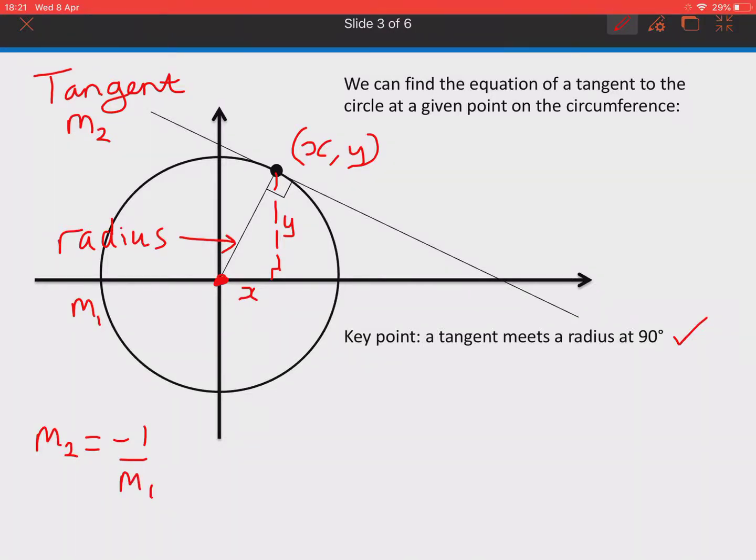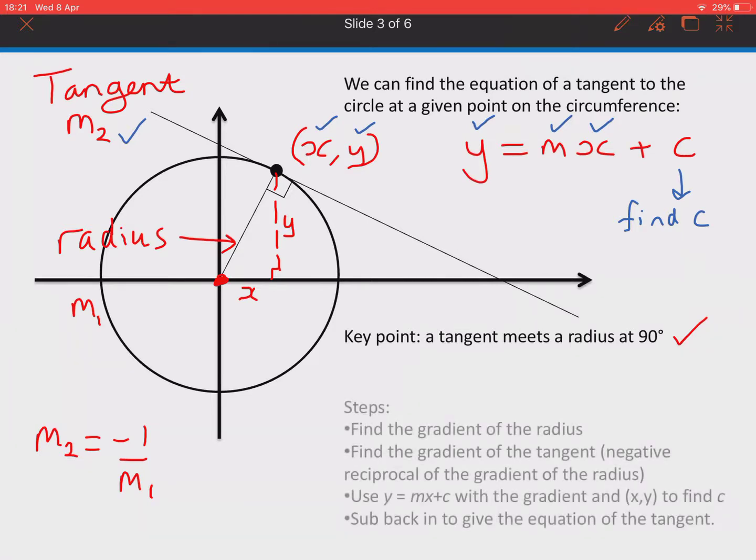So using that, I can get my equation of the tangent in the form y equals mx plus c, because I've got the y value, I've got the x value, and I've got the gradient of the tangent. The only thing that I don't know is c, so I can find c. So here are the steps.